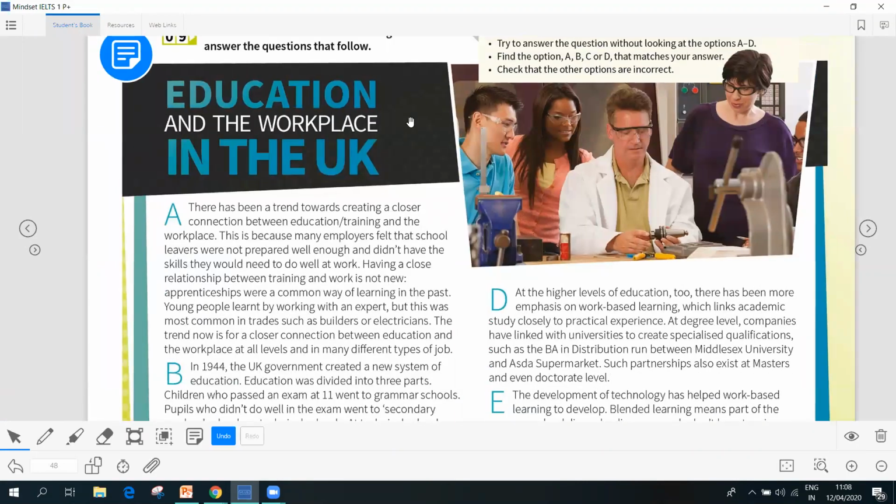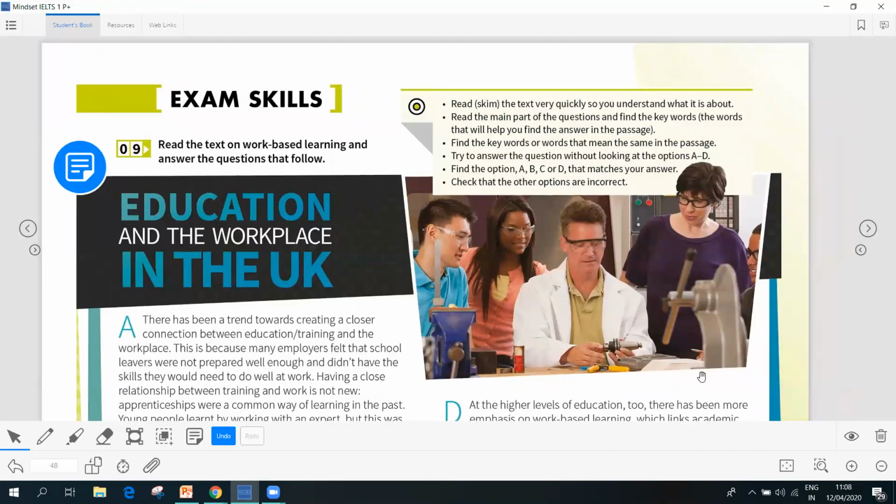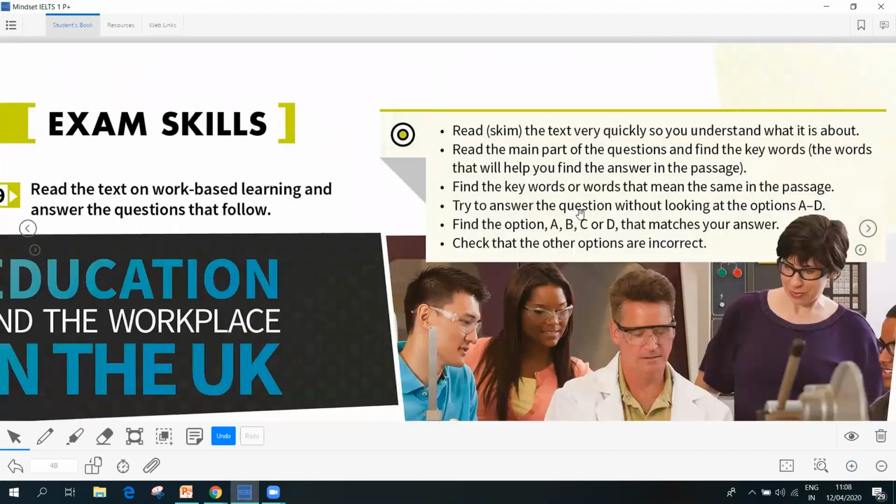Let's first read the tip or the advice given in the information box. So how do you go about answering multiple choice questions in the exam? First, you skim the text very quickly to understand what it's about. Then you read the main part of the questions and find the key words, the words that will help you find the answer in the passage.